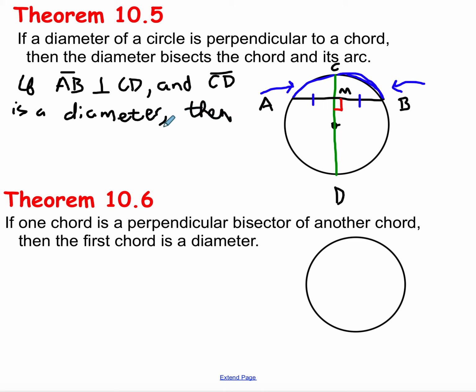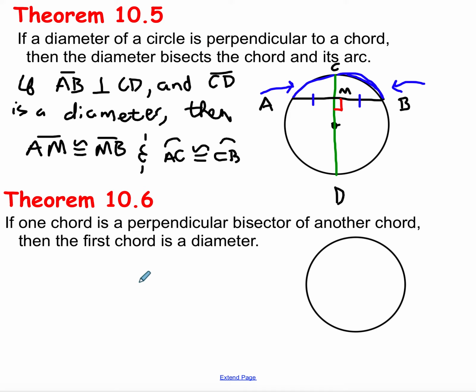Then AM is congruent to MB. Those are the segments. This is congruent to this. And arc AC is congruent to arc CB. Both of those things are true when we have a diameter bisecting a chord. All right?